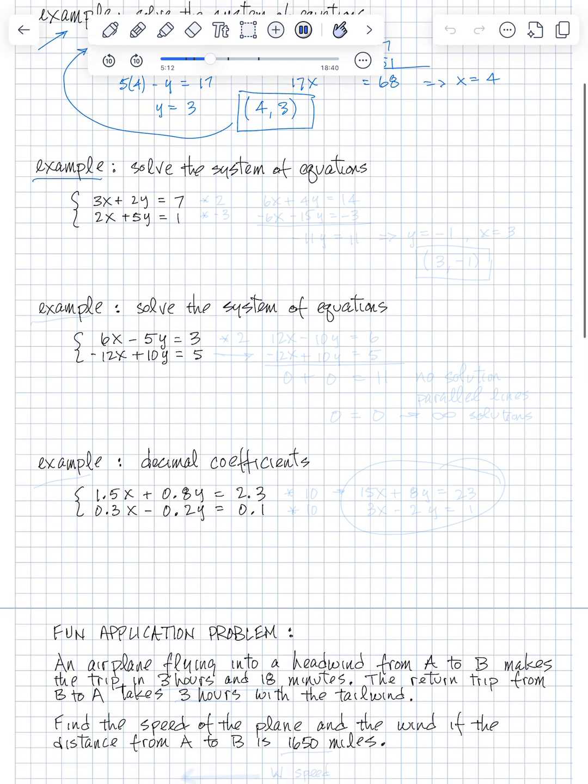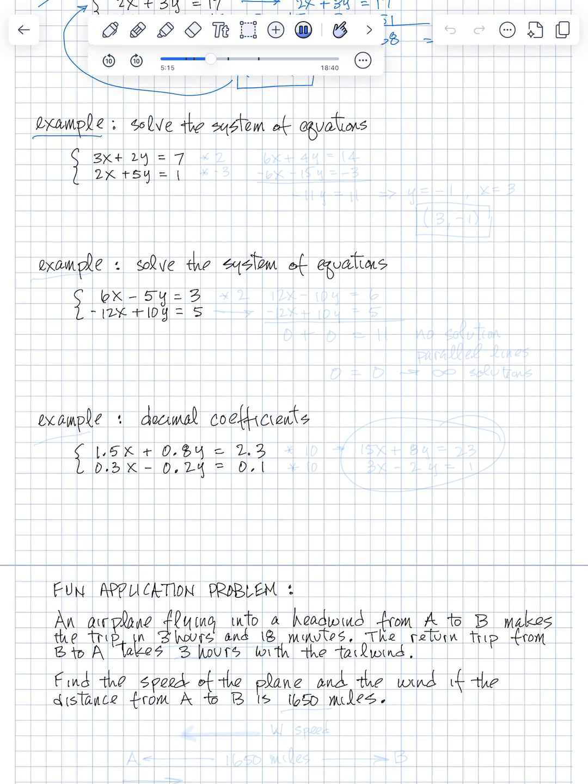Okay, the next example. We have 3x plus 2y equals 7 and 2x plus 5y equals 1. Well, it doesn't look like an easy way. We can either try to eliminate the x or try to eliminate the y. But the way we're going to do this, and there isn't just one way, there's a number of ways, we're going to multiply the top one by 2 and the bottom one by -3.